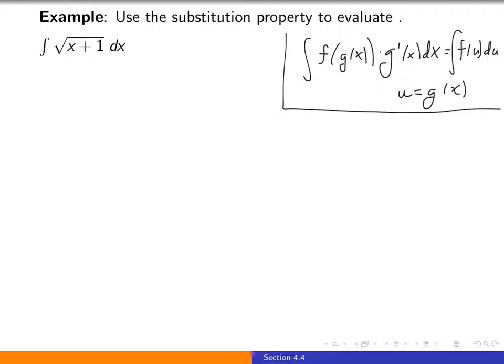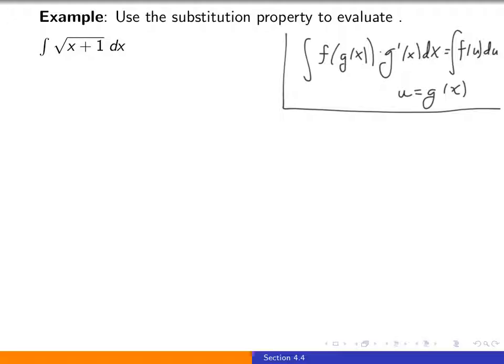The indicator to try a substitution is that the integral is something we can't evaluate with our previous techniques, and here this square root of x plus 1 is really throwing us off. Or you look for this inside function g and its derivative, a function-derivative pair that you see in your integrand. So in this example, this is something that we just cannot handle with our previous methods.